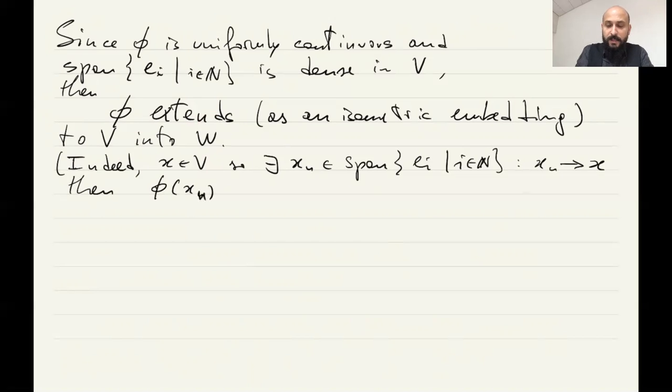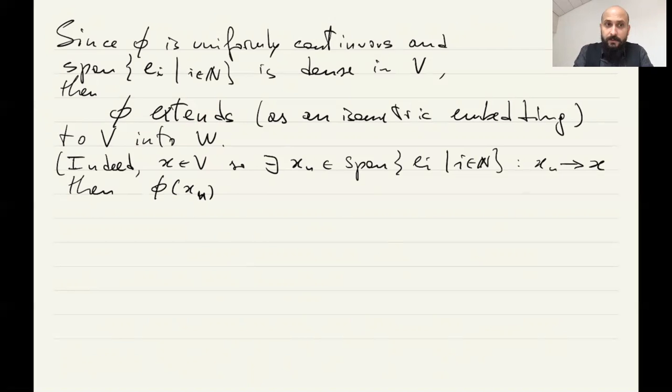Now this map is well defined, and I want to consider the limit of the sequence and define this to be phi of x.